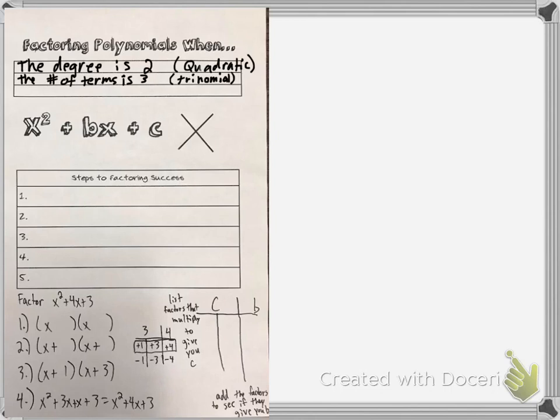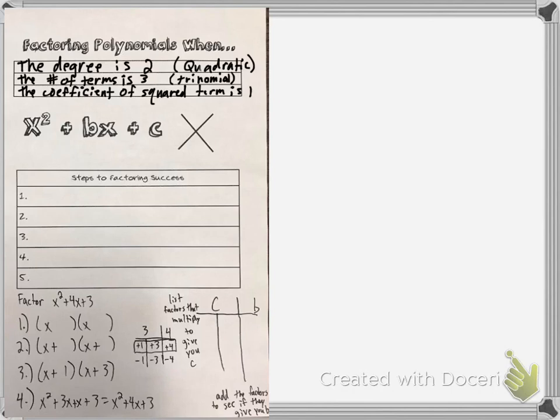And we're factoring when the coefficient of the squared term is 1. All of our polynomials we're going to see today take on this form.